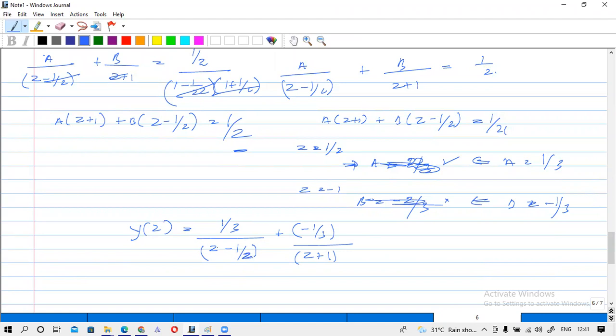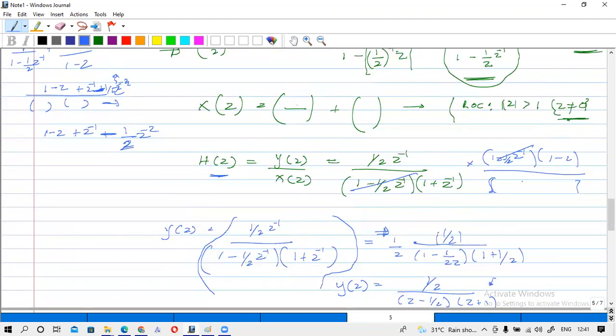I think we have found this one. We also get this kind of one: z square by 1, and here we have -1 by 3, z by 1. I think we have already found this kind of one.